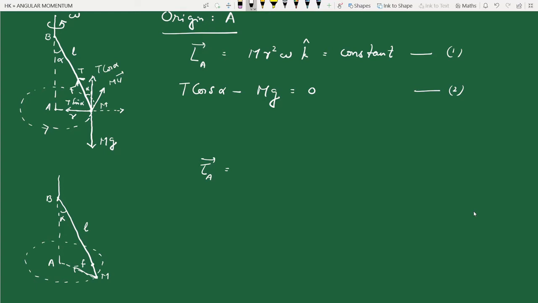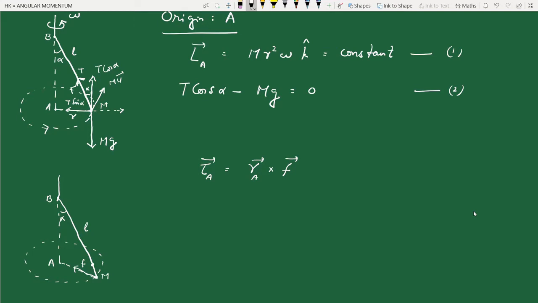Sorry, r is the radial vector from the origin to the particle, right?